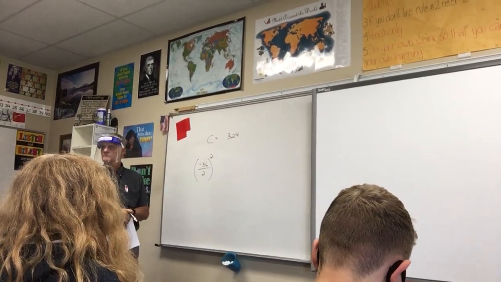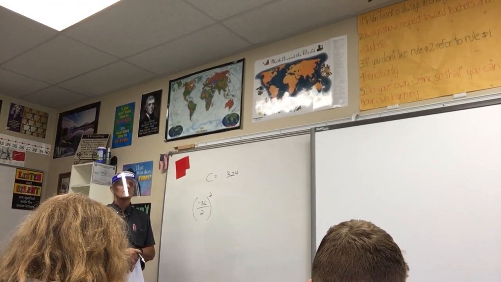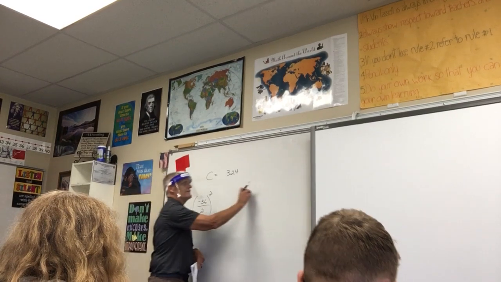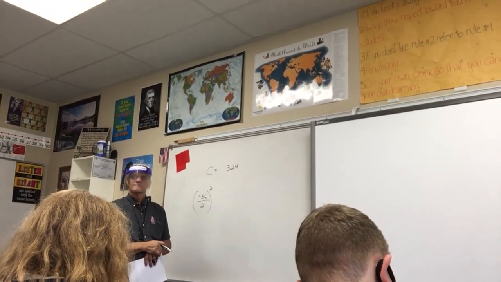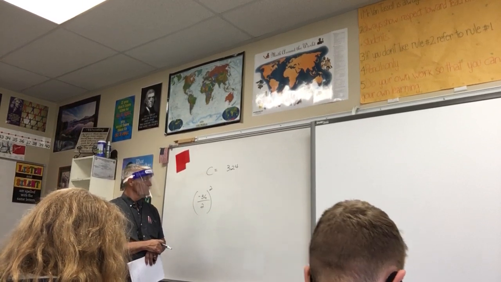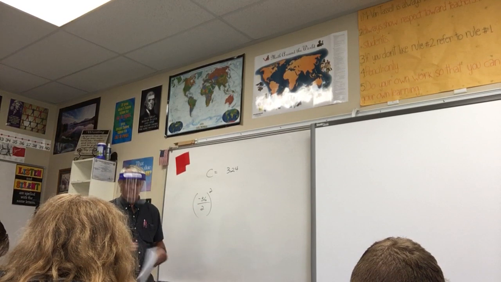I'm done. Is it always divided by 2? Yes, because I have a length and a width. That's what I want. So that's the answer? Yes, sir. We're going to take it one step at a time.